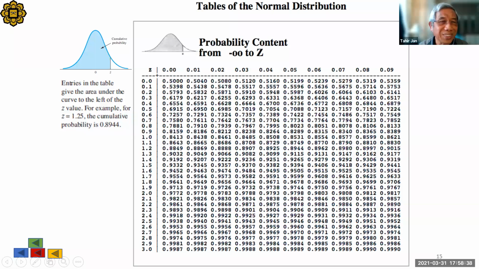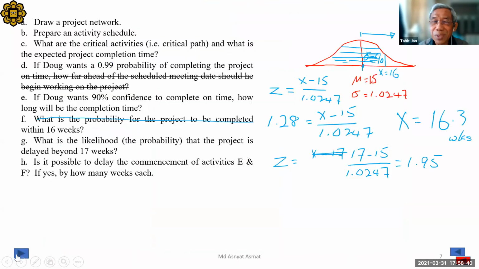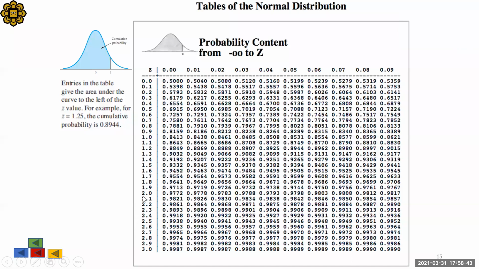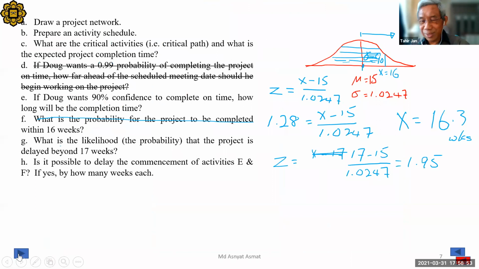What was the number just now? 1.95. So 1.95 gives 0.9744.